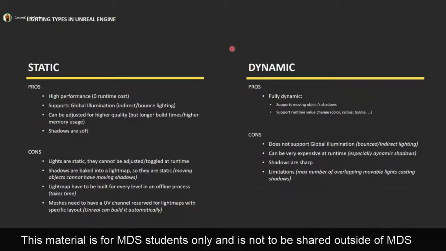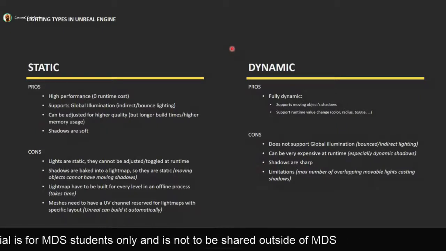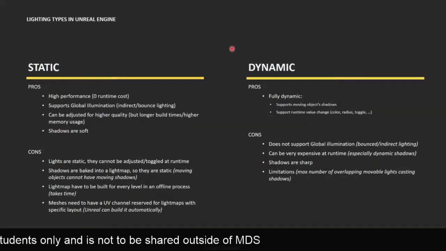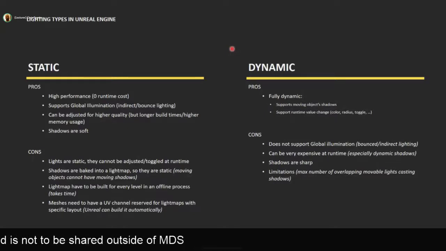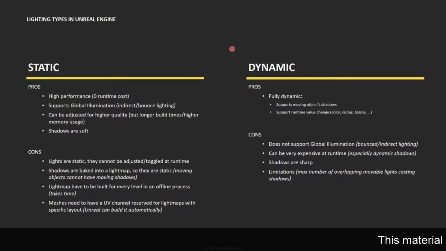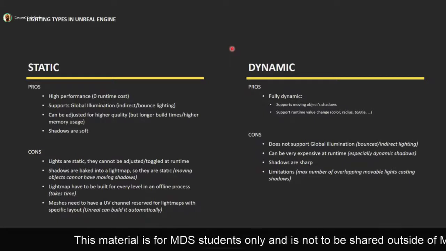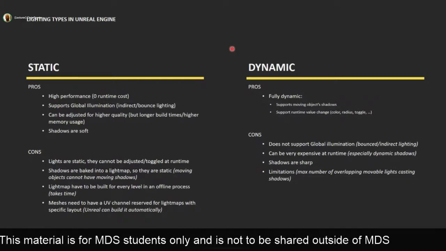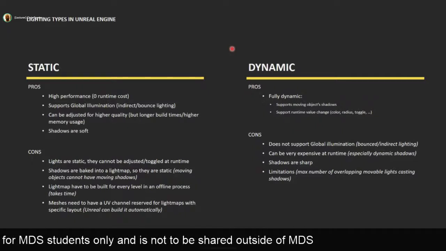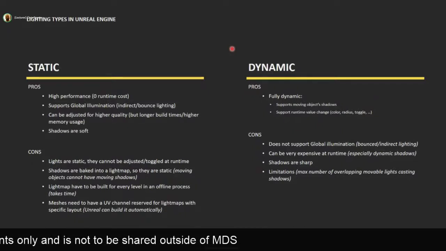What's important is that if you're working with an artist, they need to understand that when they make a mesh in Max or Maya or whatever, and they import it in Unreal, they need to set up this specific UV channel for the light maps. They should know what it means because that's their job. But it's important for you to also know that light maps will require meshes that artists make to be set up in a specific way. Unreal can set it up automatically, but they just need to tick that box.